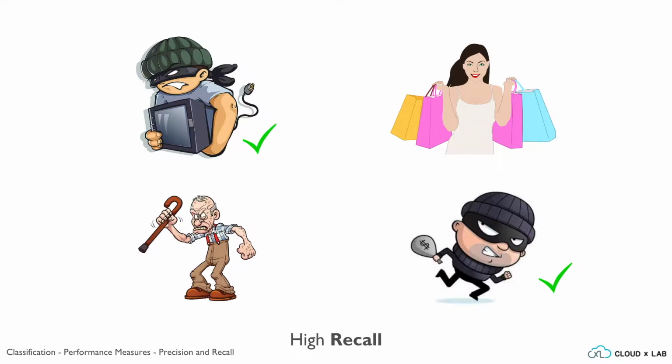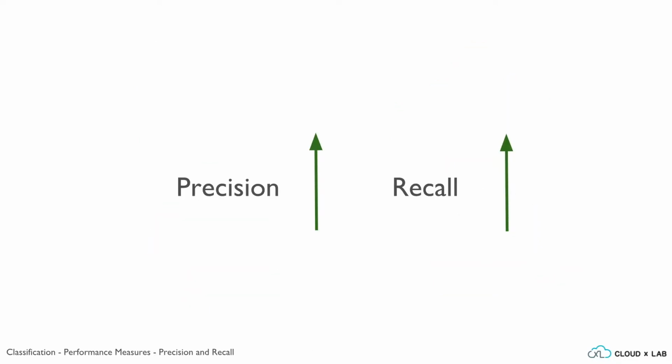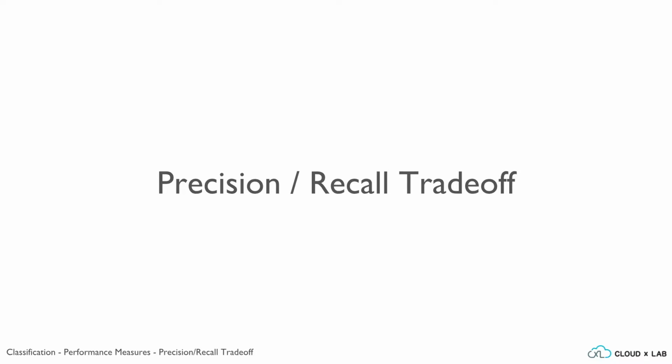Now, you may think that we can have both high precision and high recall in a good model, but unfortunately, we cannot have both high precision and high recall at the same time. Increasing the precision reduces the recall and vice versa. This is called precision-recall trade-off. Let's understand this trade-off.